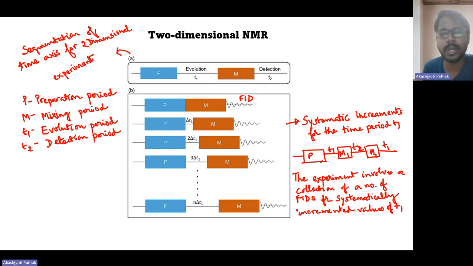So del T1, 2 del T1, 3 del T1, and so on.